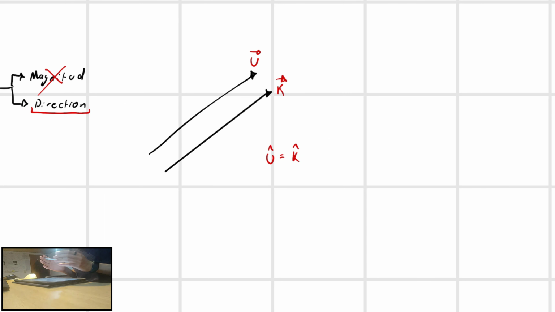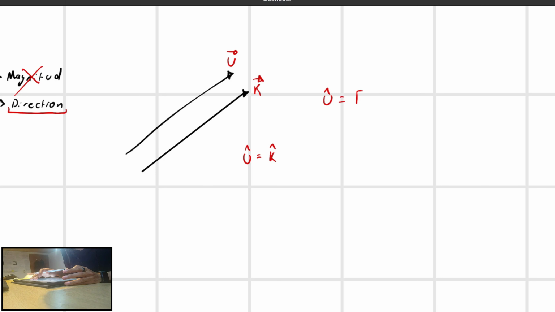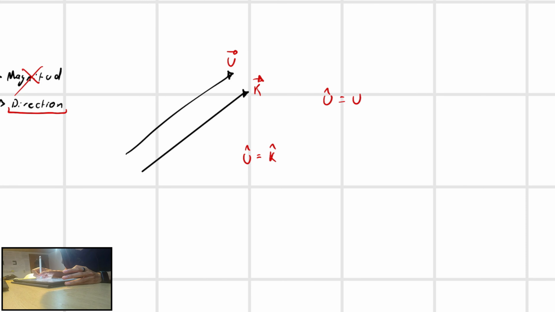Now, there are two ways in which we can find a unit vector. The first one is by using the magnitude of the vector. The unit vector u is given by the vector u divided by the magnitude of the vector u.